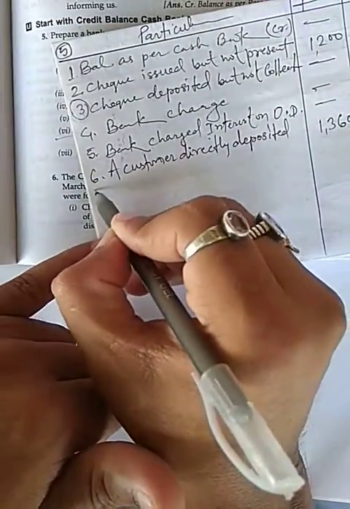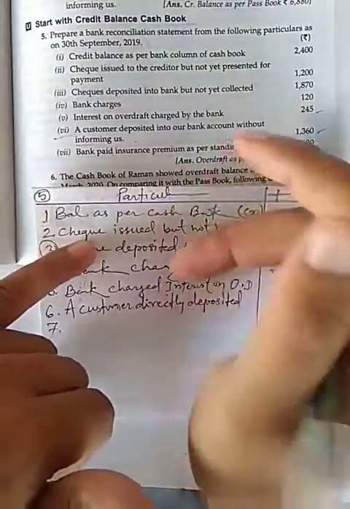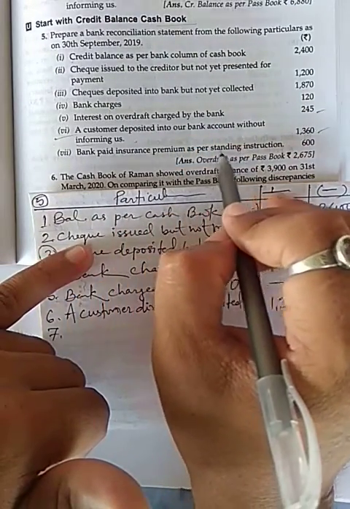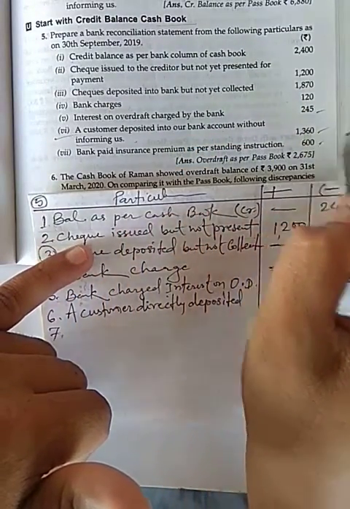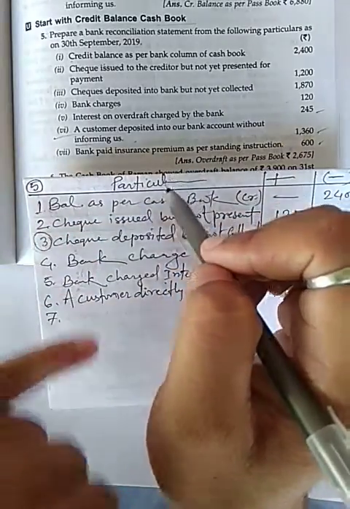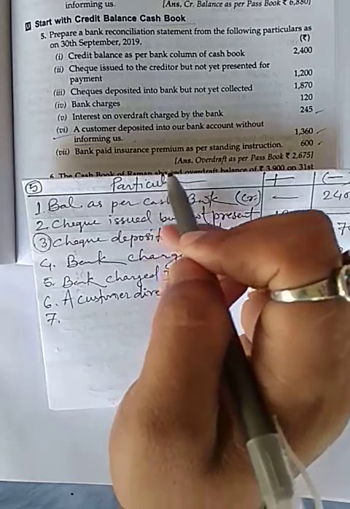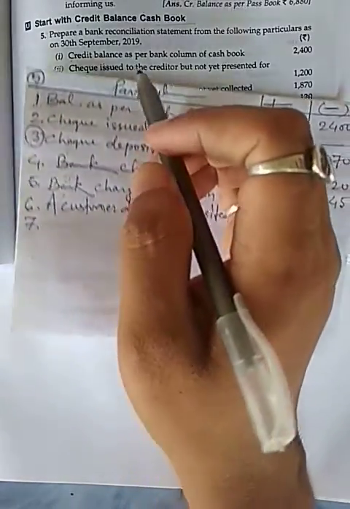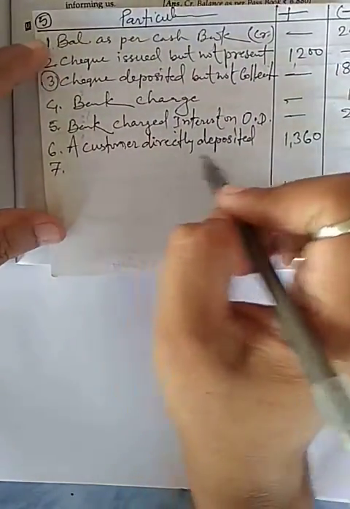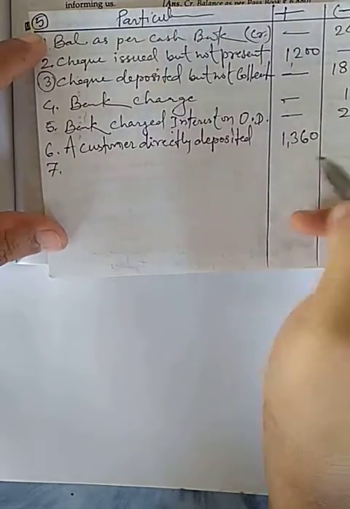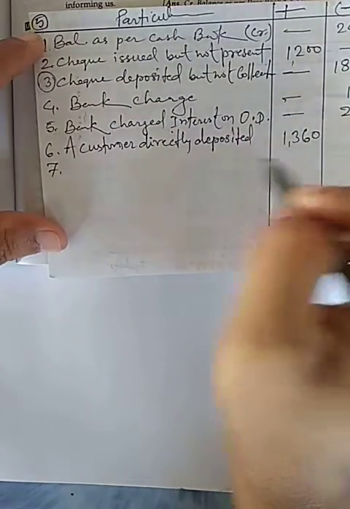Now seventh and last point is given. Bank paid insurance premium as per standing instruction. So if bank paid insurance premium, then our passbook will decrease, and we have to also decrease in cash book.